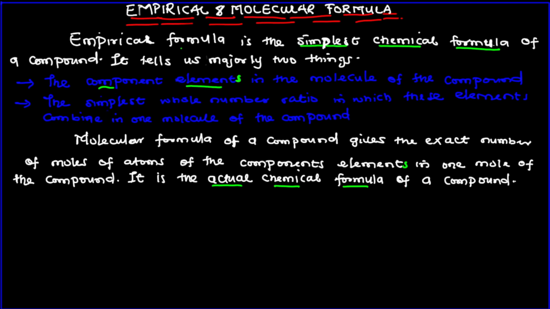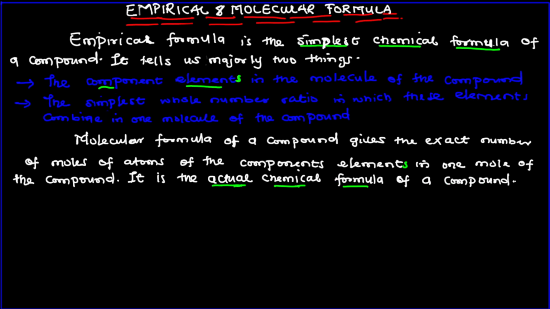So empirical formula is the simplest chemical formula. Molecular formula is the actual chemical formula of a compound. Take note, that's a major difference. You can be asked in your objective, which of the following is true of empirical and molecular formula.